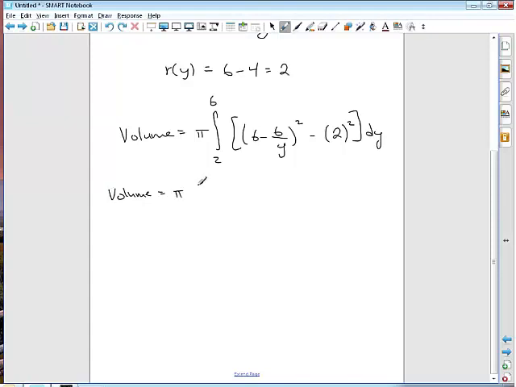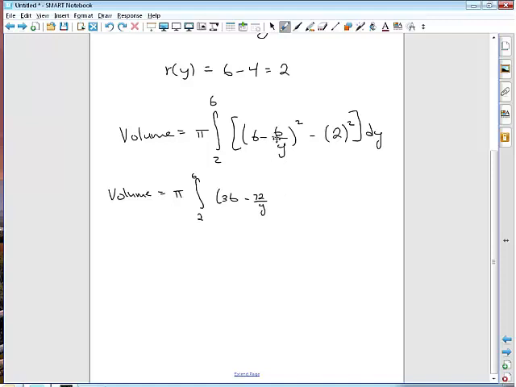Let's get pi integral from 2 to 6. And if we multiply this out, you'll get 36, okay? Then you take 6 times this term, which would be negative 36 over y, and you double that, so you'll get negative 72 over y from the inner and the outer parts.